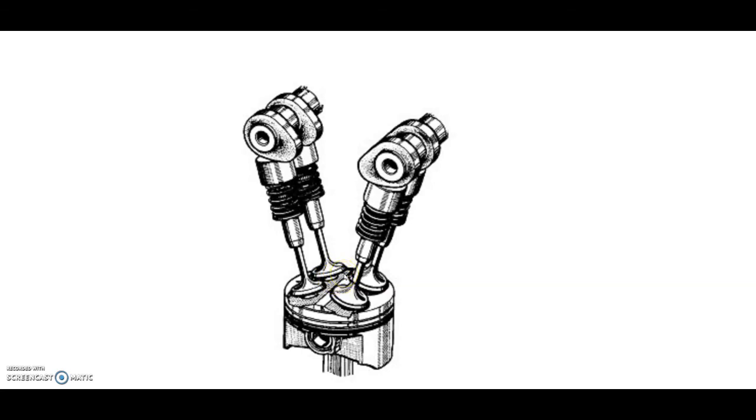Obviously, this diagram doesn't show the combustion chamber or a spark plug, but as I say, you can position your spark plug right in the middle, which means the point of ignition, where the spark is, is right in the center of the combustion chamber, which means you get a nice even flame spread right throughout the combustion chamber. So it just allows you to design the combustion chamber so that you can centralize the position of the spark plug.